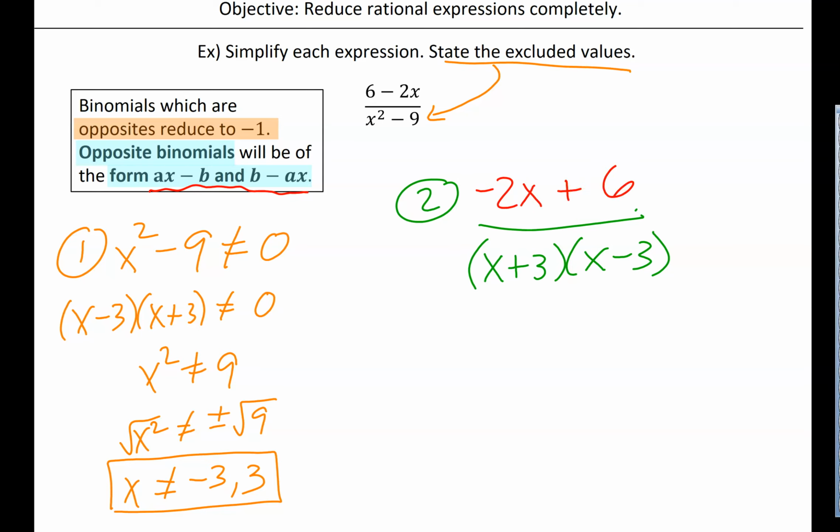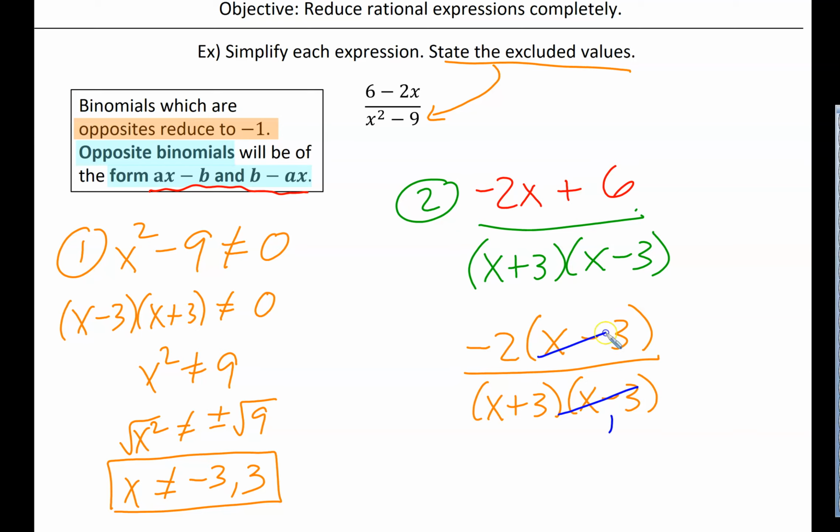So in this case, because that first term is negative, what you would do then is factor out a negative GCF. So you'd factor out a negative 2. When you factor out a negative 2, you get x minus 3.